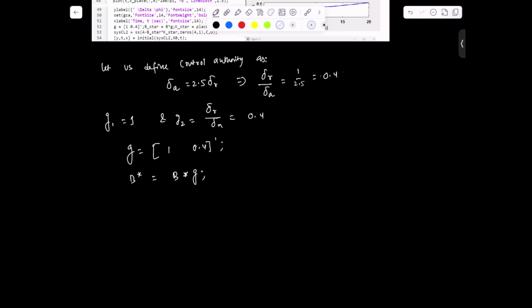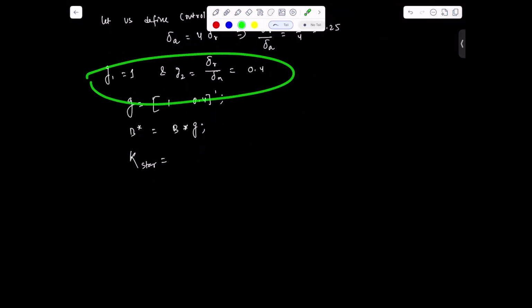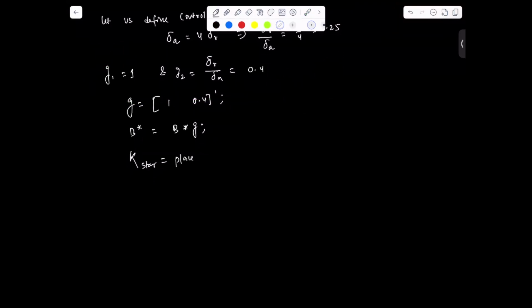So if you want to write in MATLAB code, B star, the control matrix of the closed loop system, is based on these conditions. We can write the place command, we can use A, B star, or instead of that we can write B, if you add B star here, we can write like this, B star.